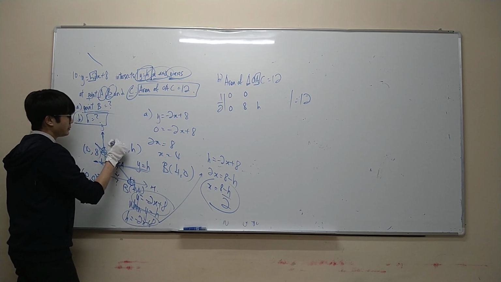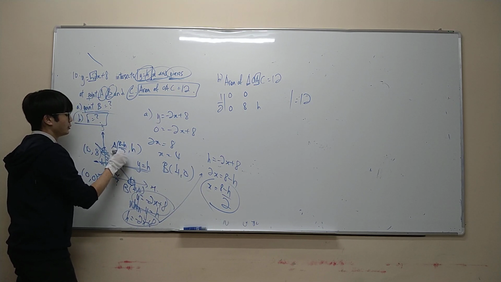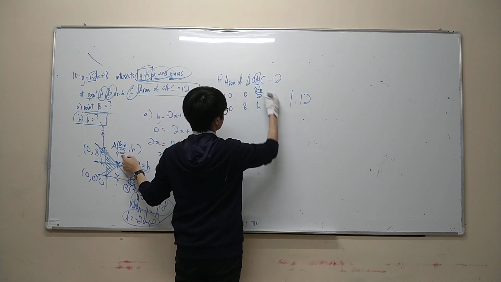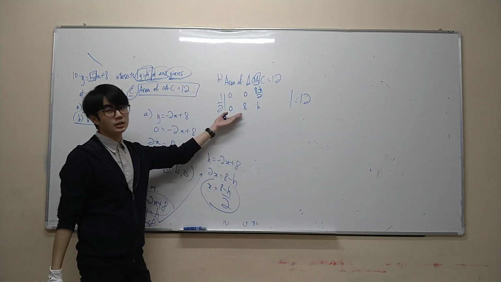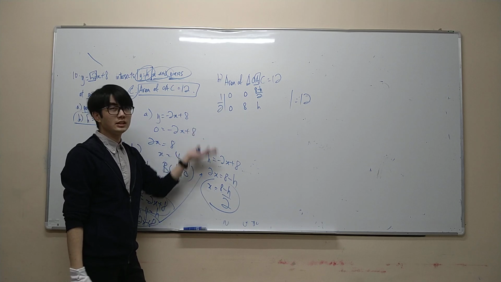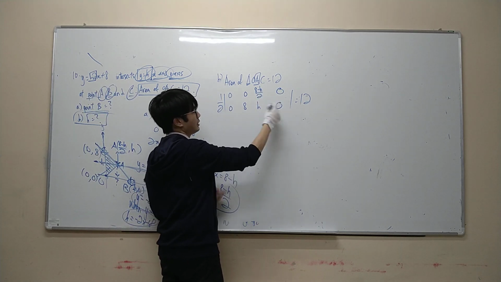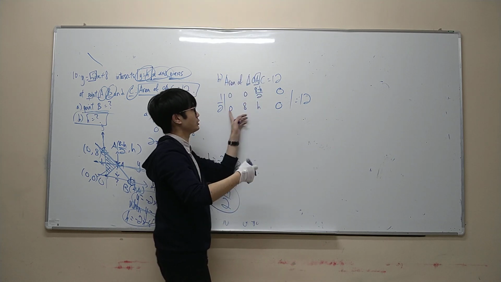So here I can write (8 minus h) over 2. Now I can put this in here, and can you see that it's only in terms of h? So we can find it. And the last one, don't forget, you always have to repeat the first one before you close the modulus.